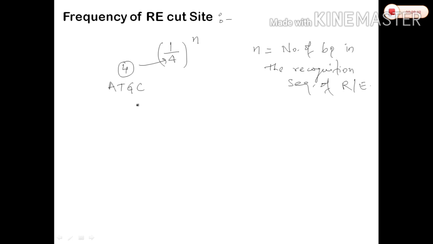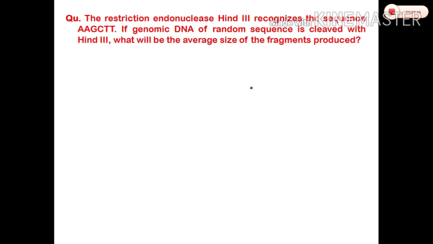By taking one question, we can understand this frequency well. The question is: restriction endonuclease HindIII recognizes the sequence AAGCTT.